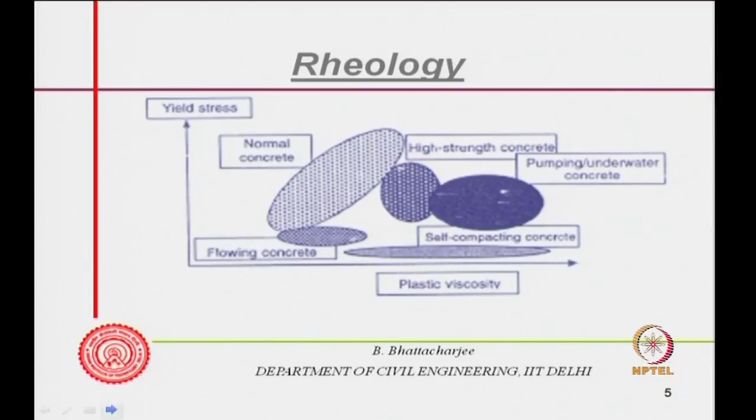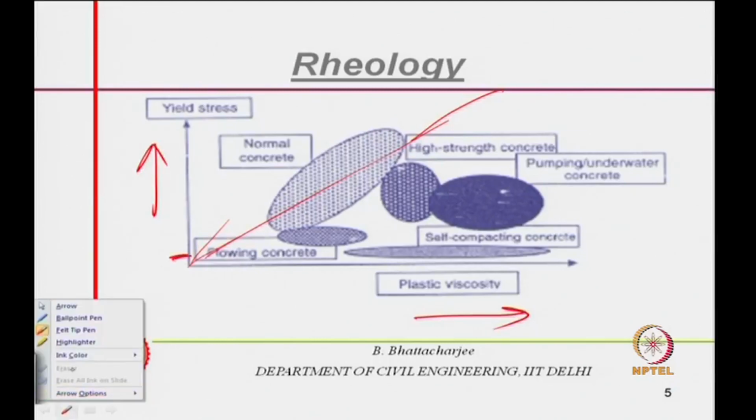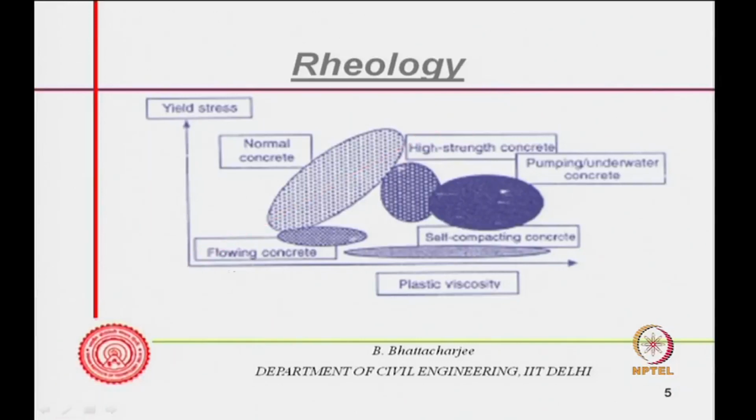And if you look at the rheology, plastic viscosity is along this direction, yield shear stress along this direction, and the Newtonian fluid will go somewhere there. This will be a linear line with yield shear stress being 0. Flowing concrete will have very low yield shear stress. Normal concrete lies somewhere there with some amount of yield shear stress and the viscosity being there somewhere.